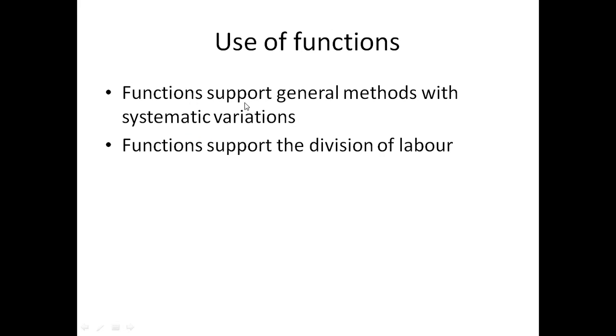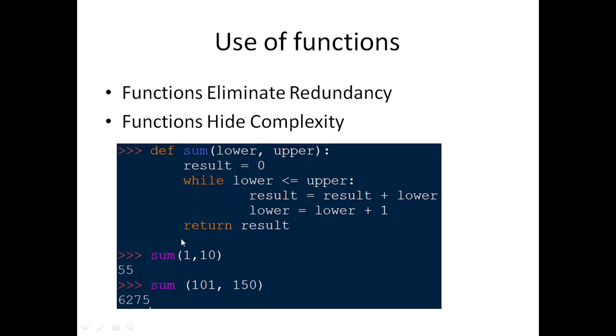Then another use of functions is that functions support general methods with systematic variations. We can write a generalized function, and if you want, you can have some variations inside it. Here, our function has only two arguments. We can add a third parameter saying that I want to add only the odd numbers.